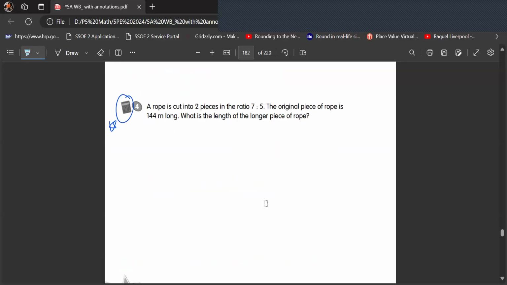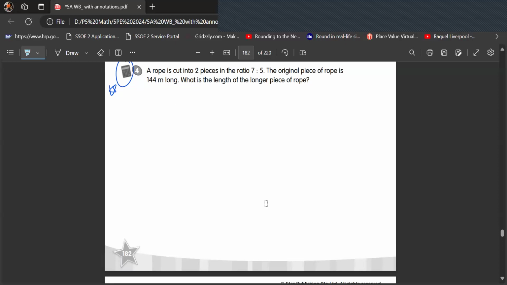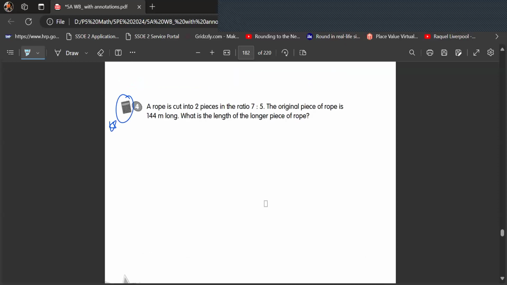Then this one, question 4 on page 182. A rope is cut into two pieces. You have a longer piece, that means I have a shorter piece. I have the ratio, and then the original long rope.